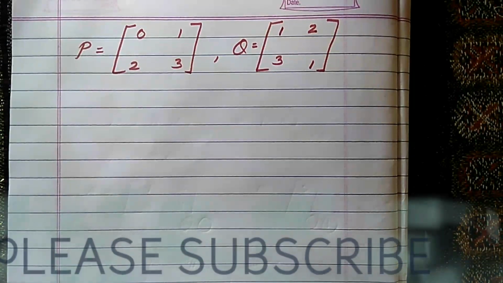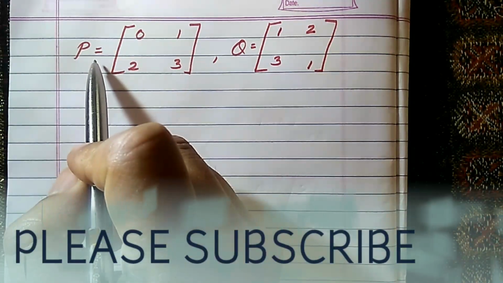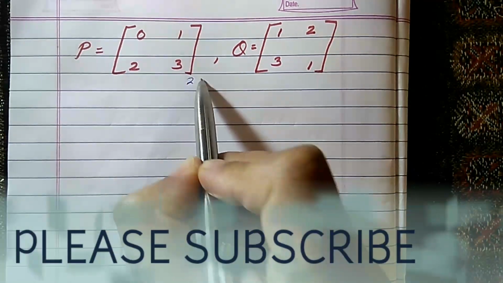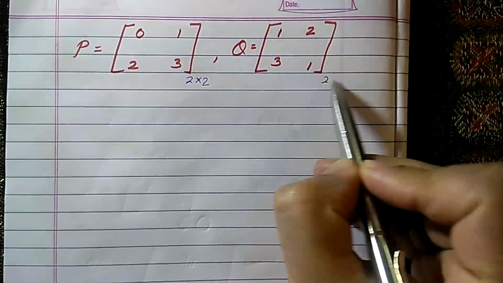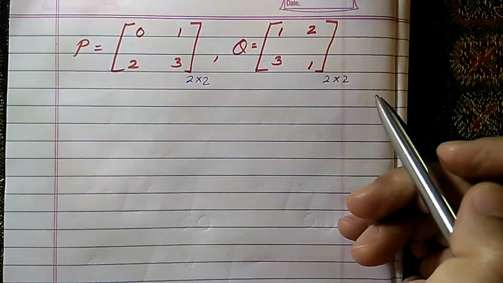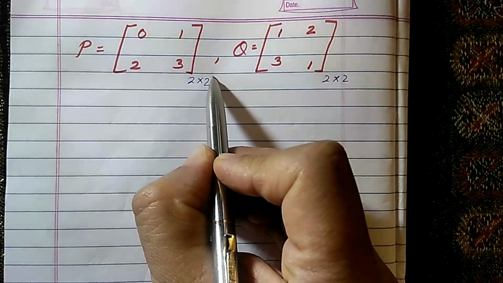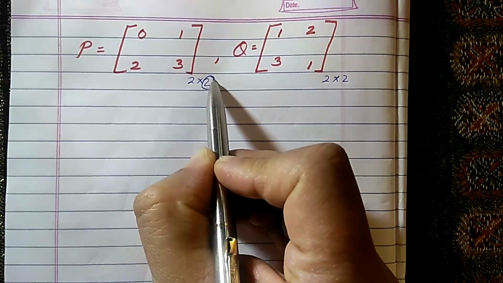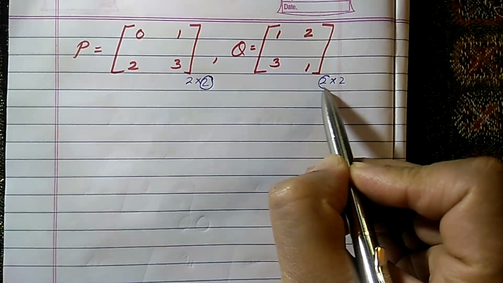Now let's look at another case. Here I have taken a matrix P which has an order 2 by 2 and another matrix Q which also has an order 2 by 2. So let's check the compatibility. The number of columns in P is 2 and the number of rows in Q is also 2.